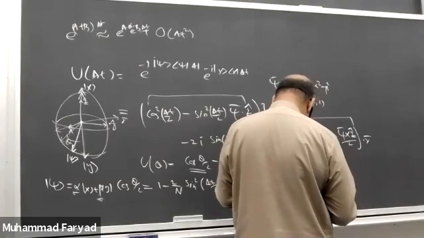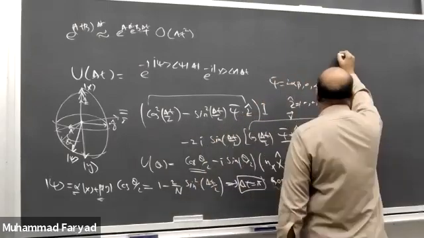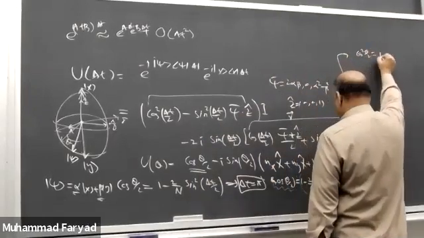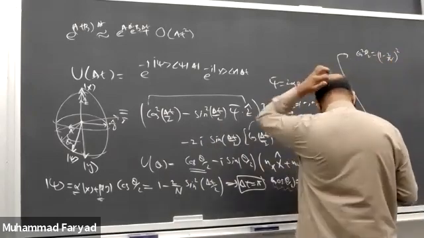Let me see how I did this. I think I took a square on both sides, so this becomes cosine square theta by 2, 1 minus 2 over n square, and then I can write this.